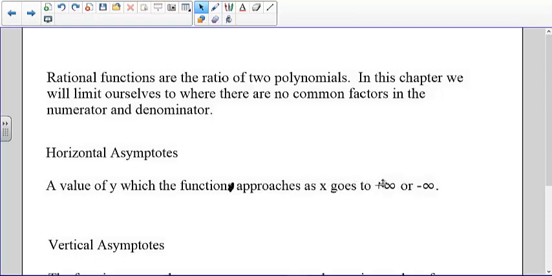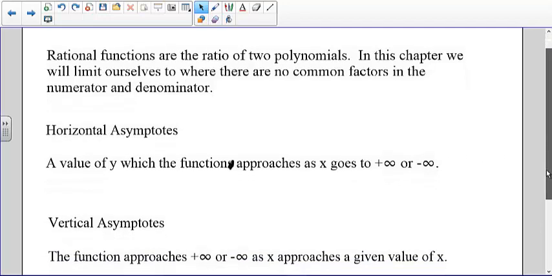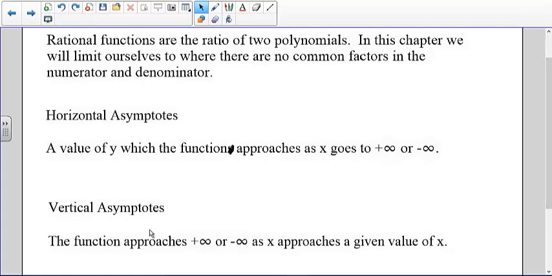They may not approach the same value of y. A lot of times they do. For most of our cases they will. And vertical asymptotes are the values of x where the function approaches plus or minus infinity.